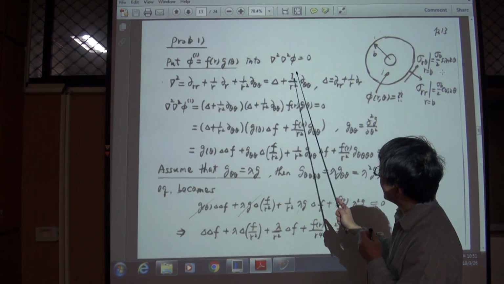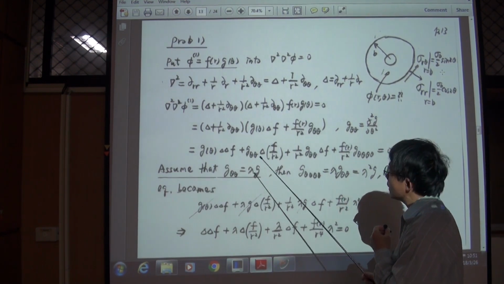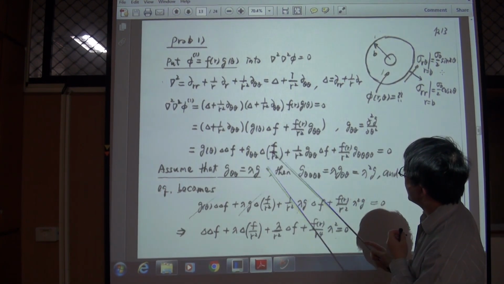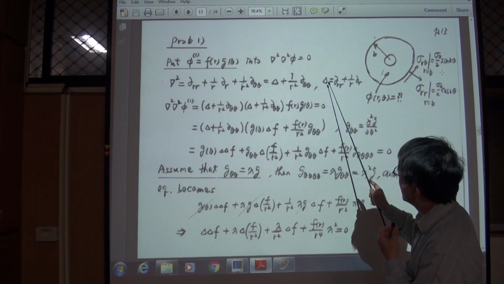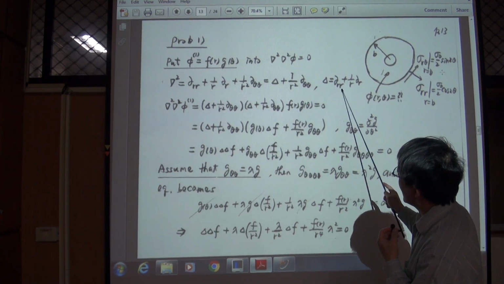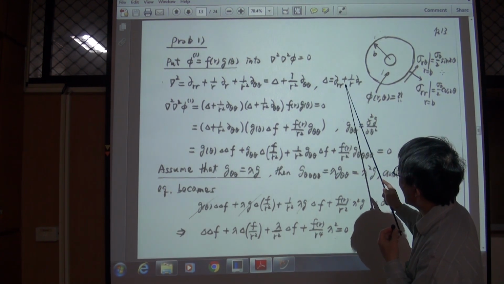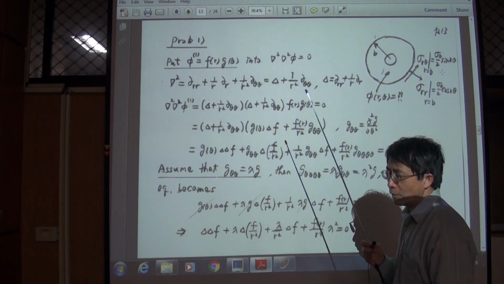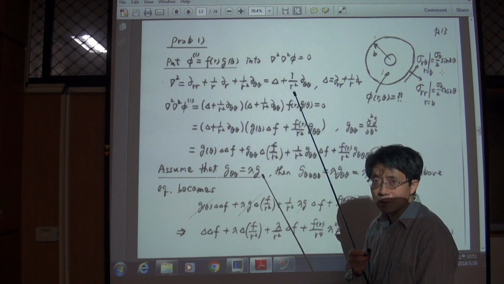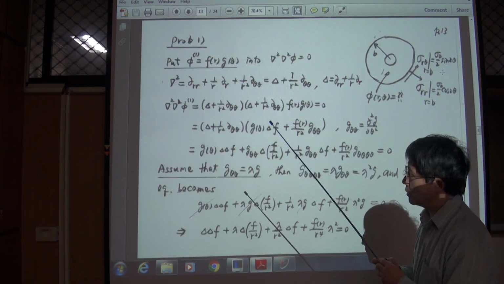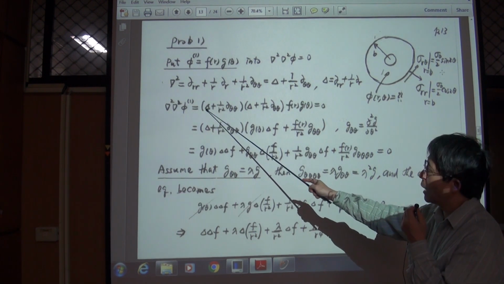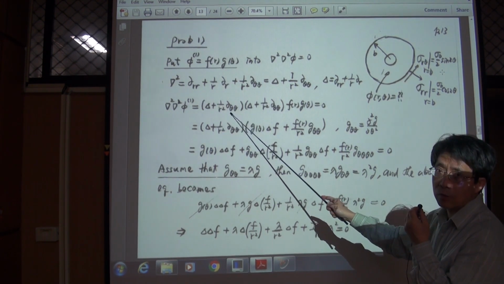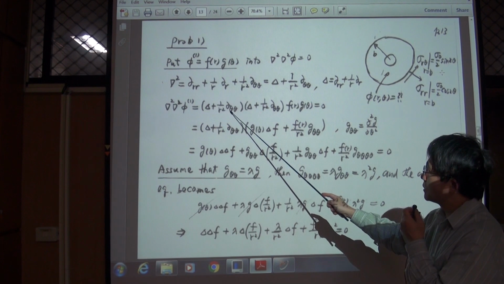Now note that the triangle operator is the differentiation with respect to R only, without any differentiation with respect to theta. This is the key point. So this is the differentiation with respect to R, and this is the differentiation with respect to theta.